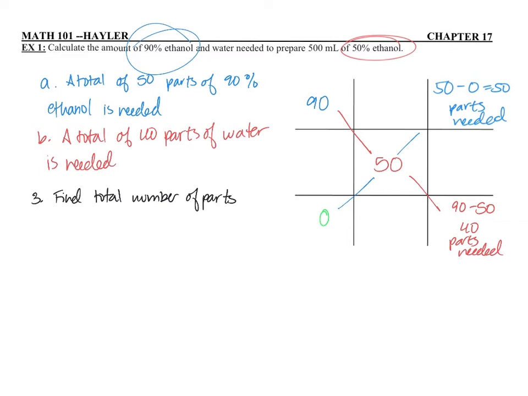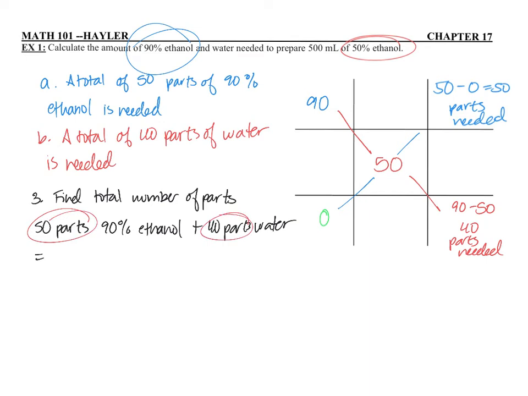Okay, so the right column, adding them up, we have the 50 parts, 90% ethanol, plus 40 parts water. We end up with, let's see, well, 50 plus the 40. We're going to get 90 parts total.